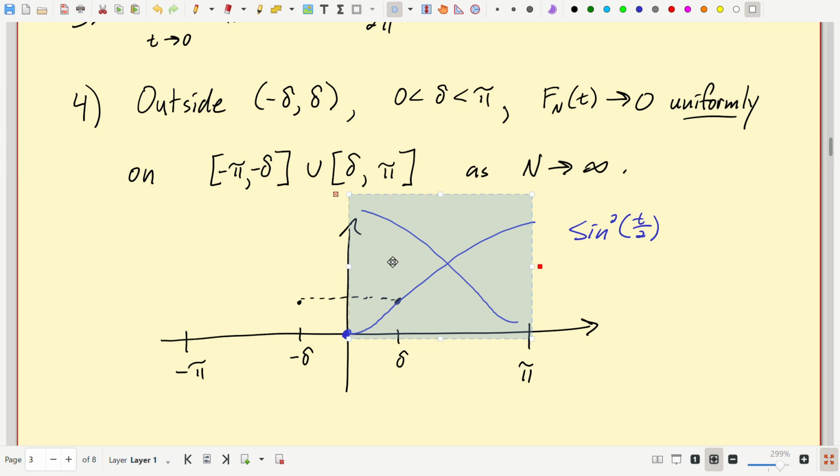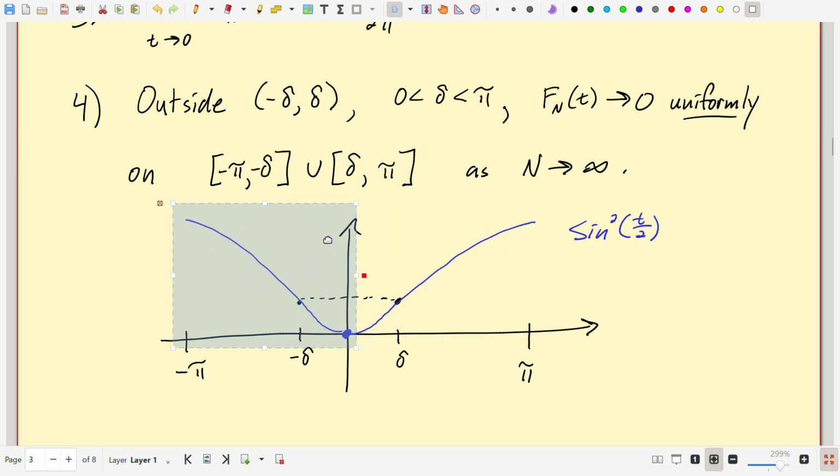That looks about right. There. That's symmetric. So according to that picture, let's call this spot right here M.